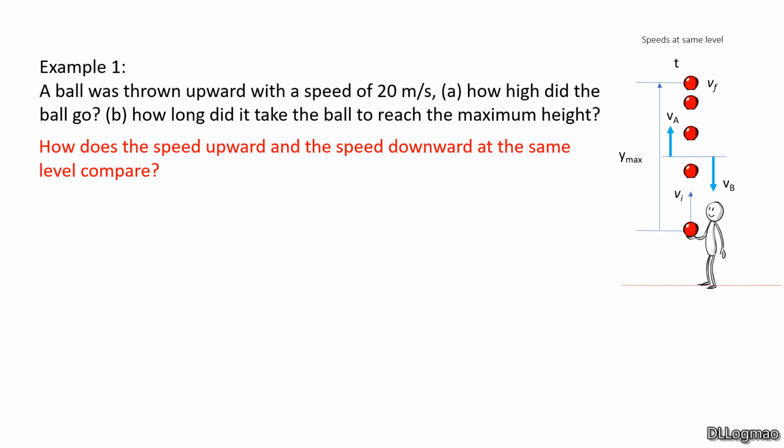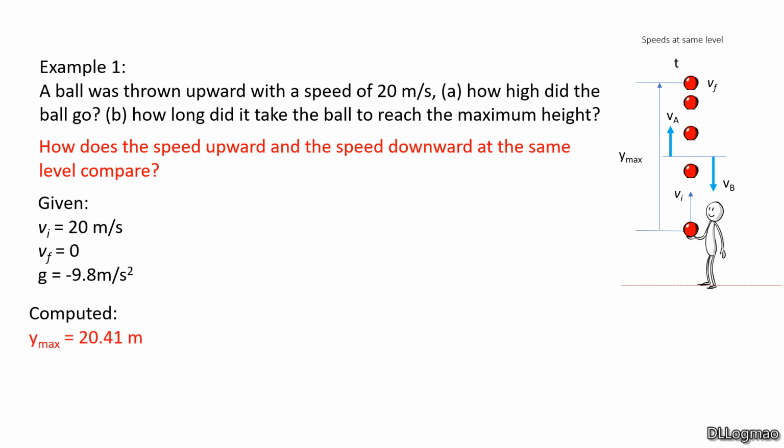With the same information given earlier, initial velocity is 20 meters per second. Final velocity is 0. Acceleration due to gravity, negative 9.8 meters per second square. And the computed quantities, y sub max and t sub up.